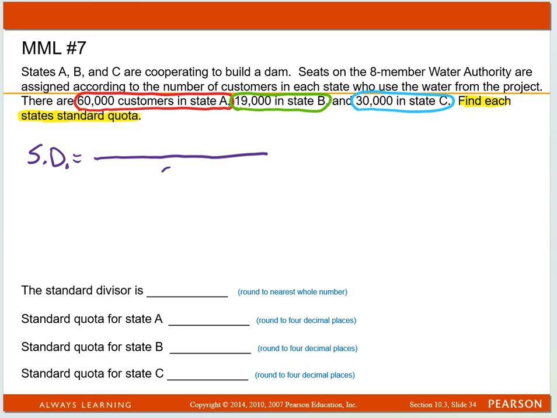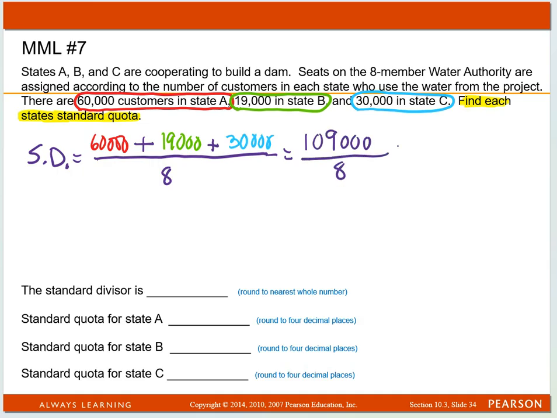So my denominator is 8, and my numerator is going to be whatever the 60,000 customers in state A plus the 19,000 customers in state B plus the 30,000 customers in state C. And so when I add that up, the total population is 109,000. And you're going to divide that up with 8 representatives.